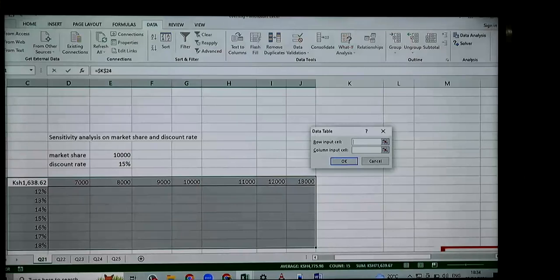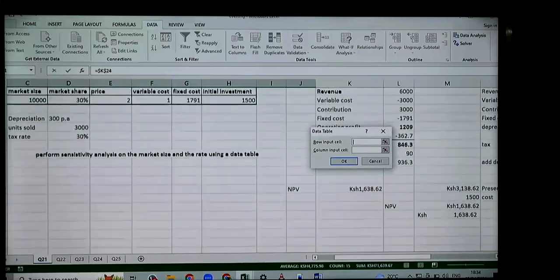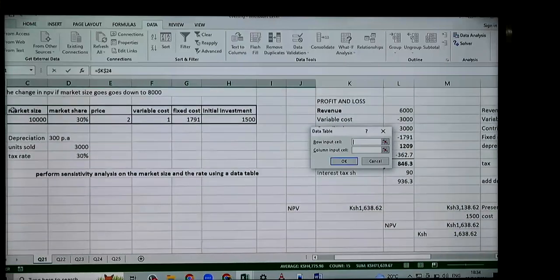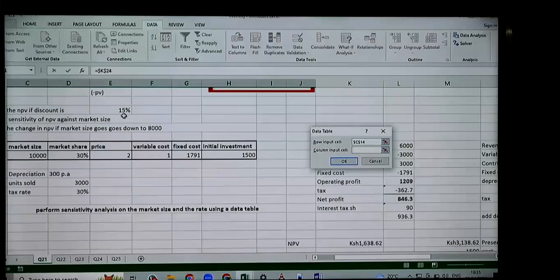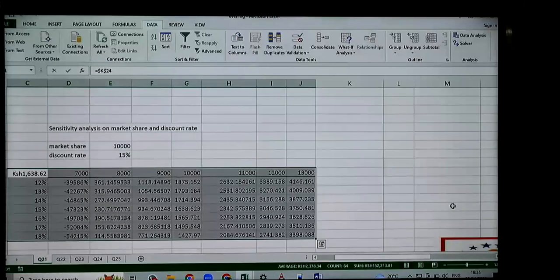The one that we used to calculate is up here. That's why I said the thing must be dynamic. So our market size, we will take this one here. And for the column input, which are the discount rates, we will take the 15% here. Then we press OK. Then we press Control Backspace to jump to the active cell.